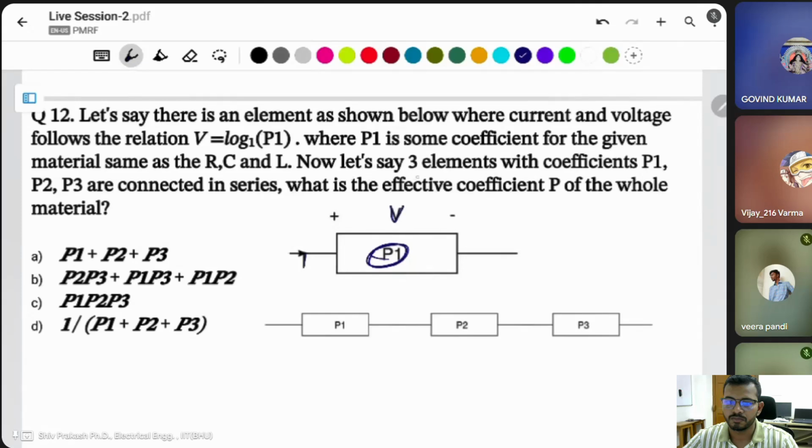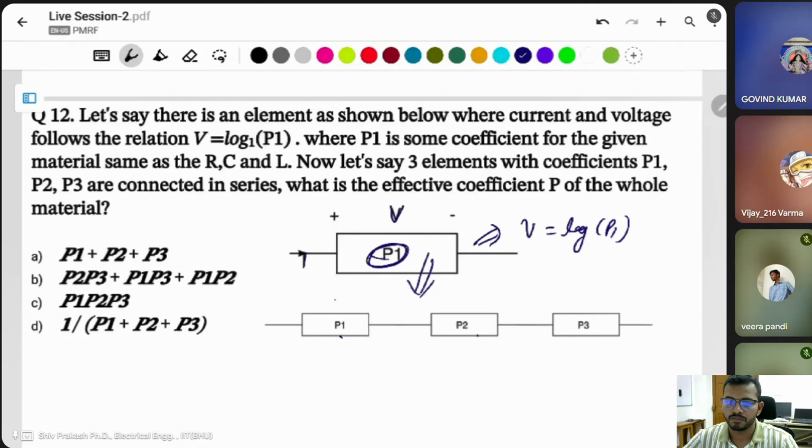Now let's say three elements with coefficients P1, P2, P3 are connected in series. Then what is the effective coefficient P for the whole material? This one is given as V is equal to log of P1.